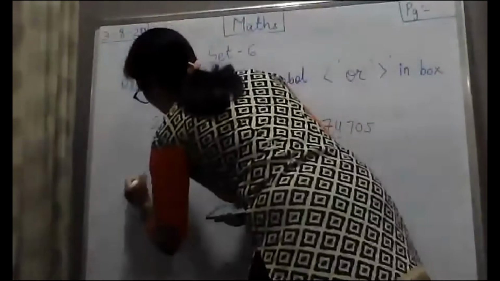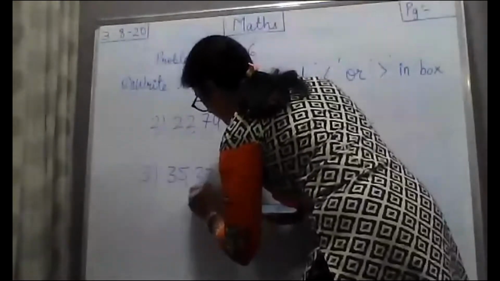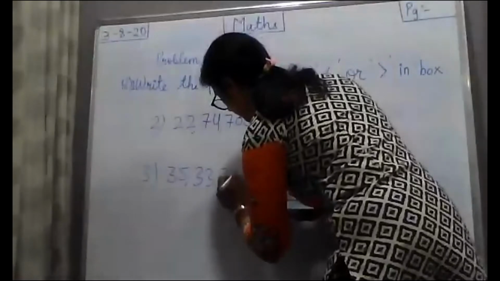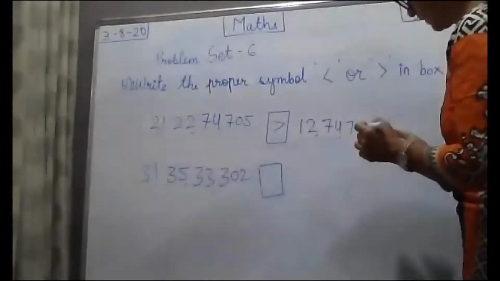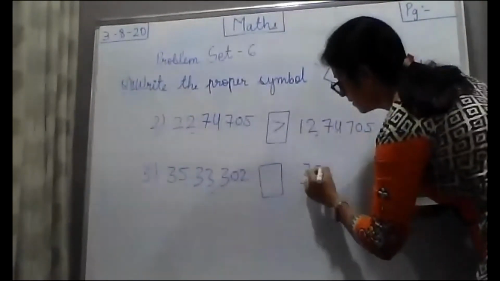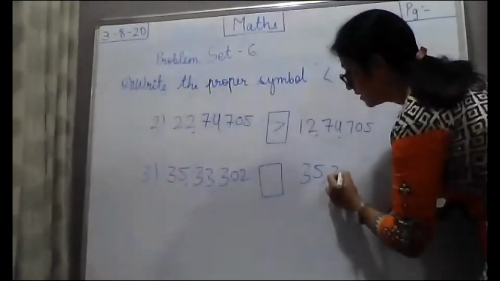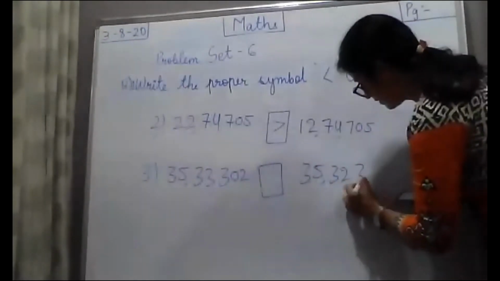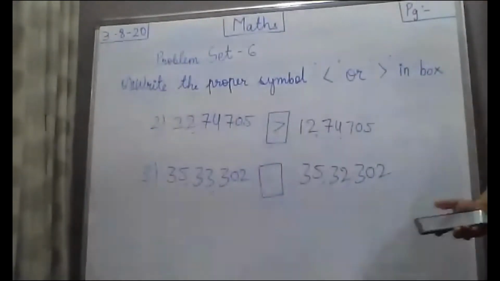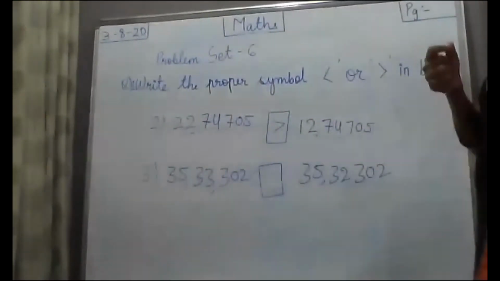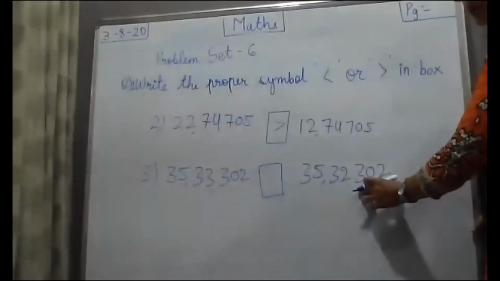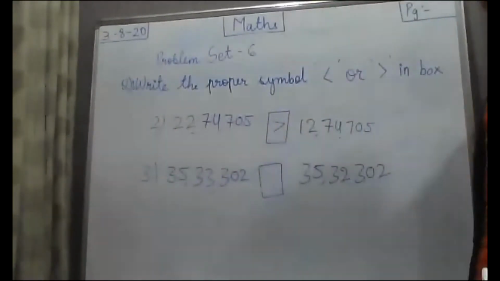This also I'll show you. 35 lakhs 33,302, and here it is 35 lakhs 32,302. So simple it is. Now you see the difference: here it is 302, here also 302.